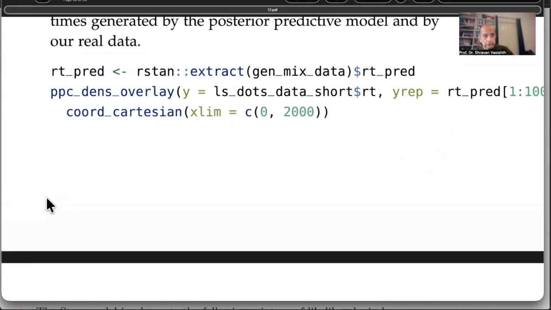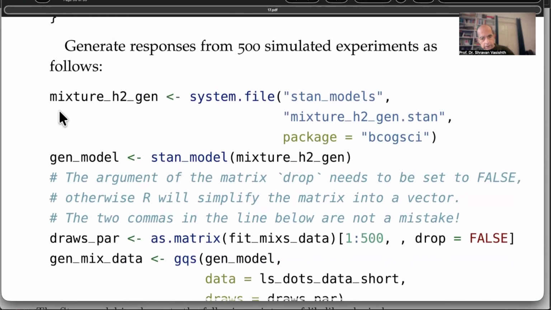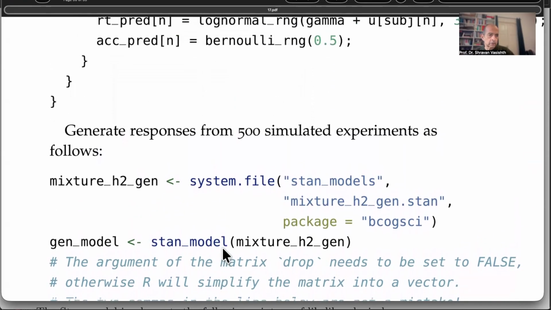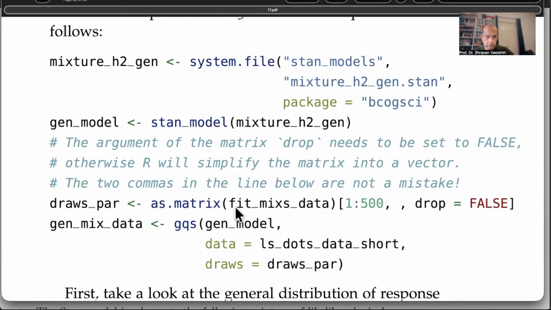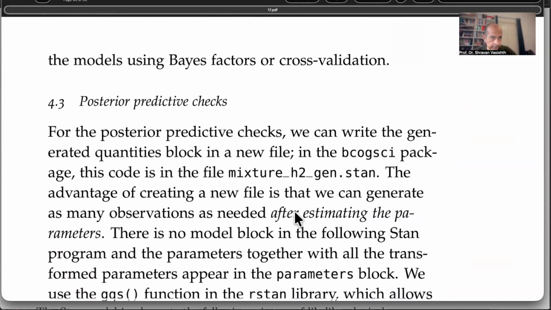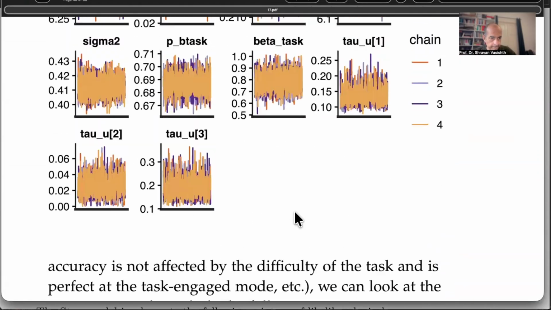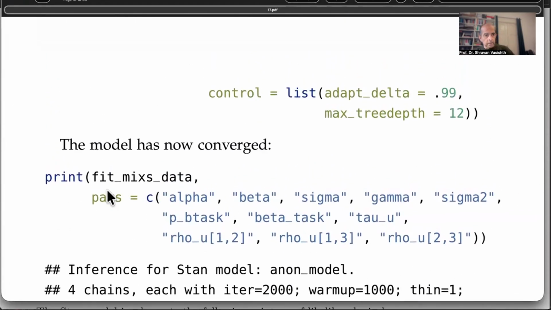And then we are going to take the fitted model that we had fit earlier, right?